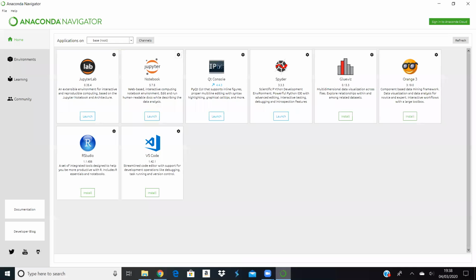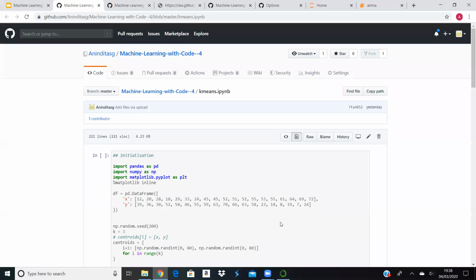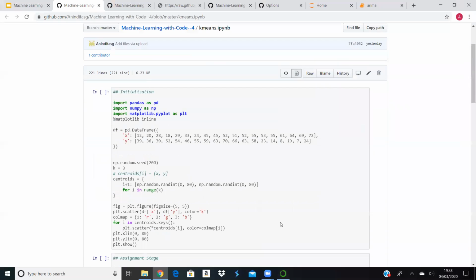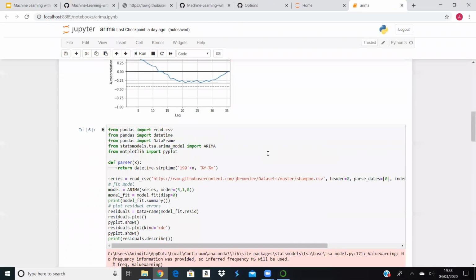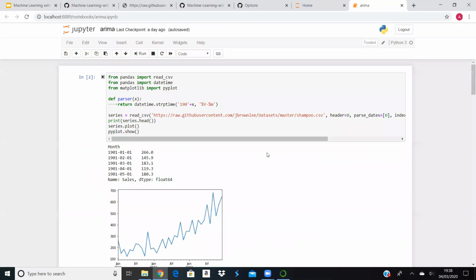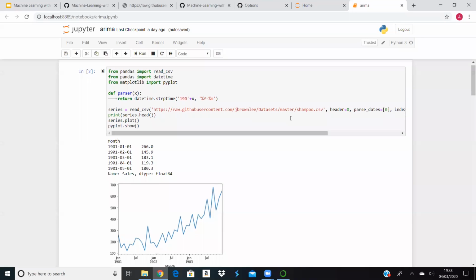So now let's go to the code. I have it here, this is k-means, and this is ARIMA. Okay, so this is the data set that we are reading.